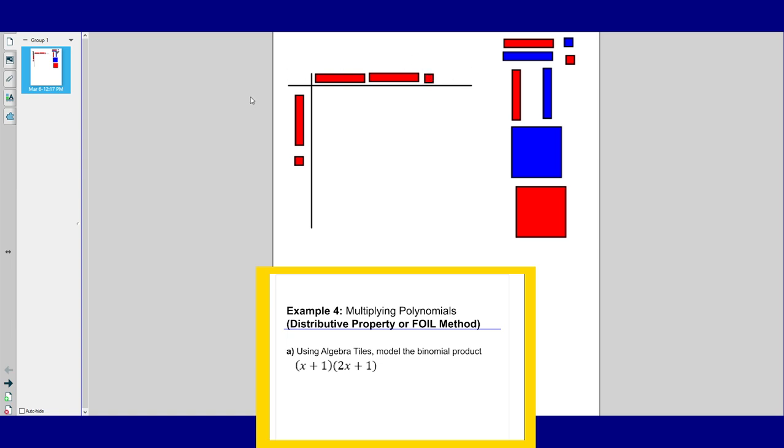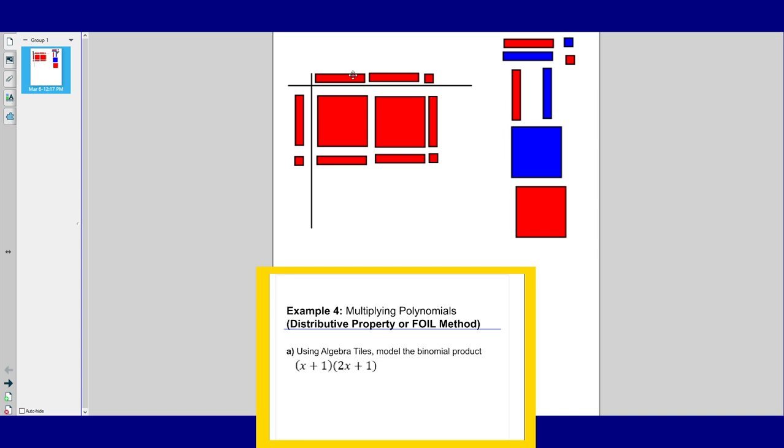So each spot represents a bracket. And now what we're going to do is fill out the inside. So again, we have to have a shape that has the length of a rectangle and the width of a rectangle, which will be this shape. We'll have another one. We'll have two rectangles like here, and then we'll have a little square.